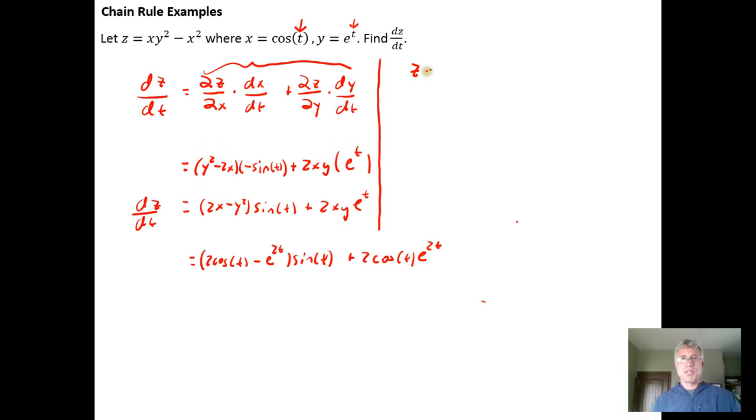So we could have replaced x with the cosine of t. We could have replaced y squared with e to the t squared, which is e to the 2t, minus the x squared, which would have been the cosine squared of t.